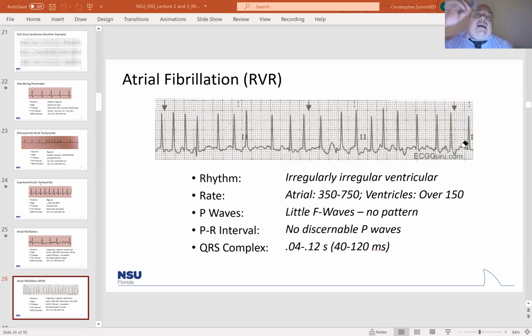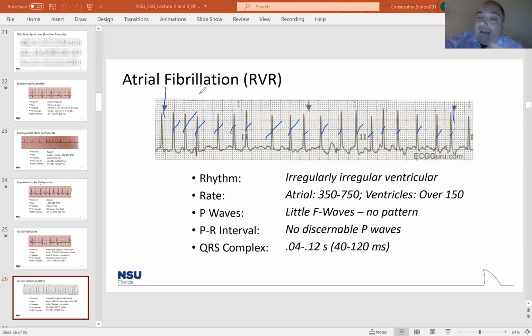So let's apply our methodology to figuring out what's going on here, okay? Remember, we have an irregular rhythm, so we need to use the 6-second strip method to estimate our heart rate. If we go from here to here, we got 1, 2, 3, 4, 5, 6, 7, 8, 9, 10, 11, 12, 16, 17, 18.